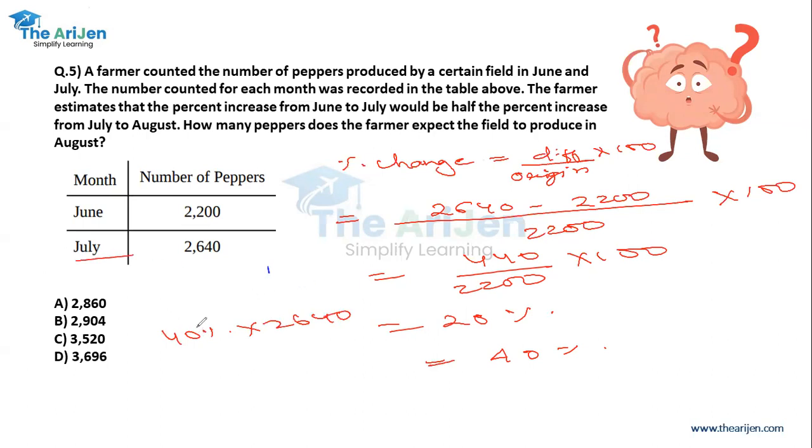On solving, 40 upon 100 into 2640, you will get 1056, right? So now when you add this to 2640 you get 3696 papers expected in August. The correct answer will be option D.